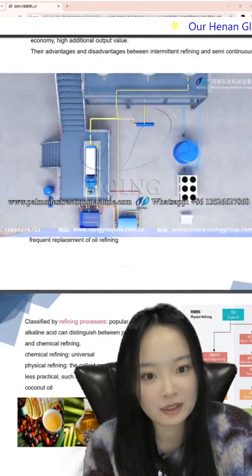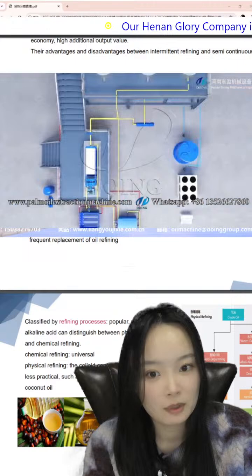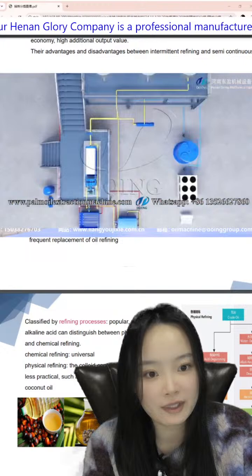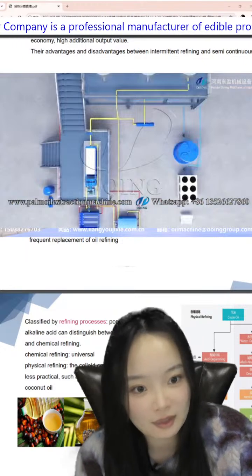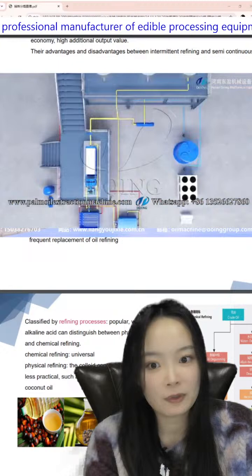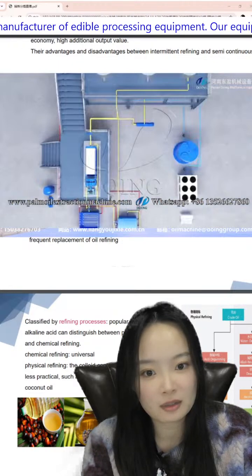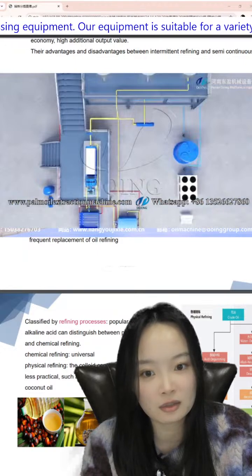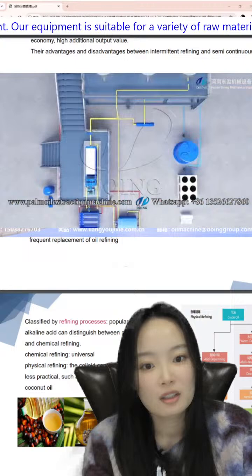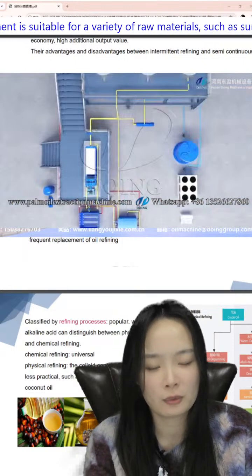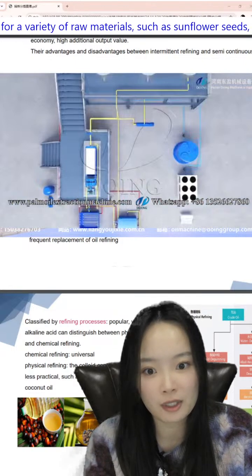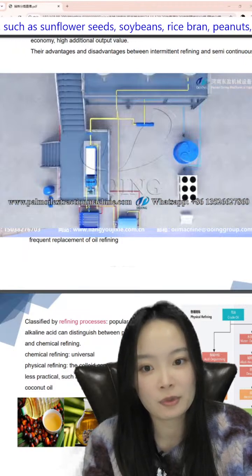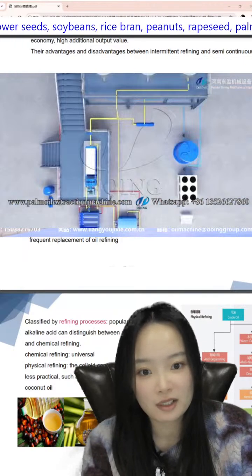The chemical refining is universal for our oil, but the physical refining is used for high acid value oil, where chemical refining is less practical, such as palm oil, palm kernel oil, and coconut oil. If your crude oil is palm kernel oil or coconut oil, I will recommend you use physical refining.